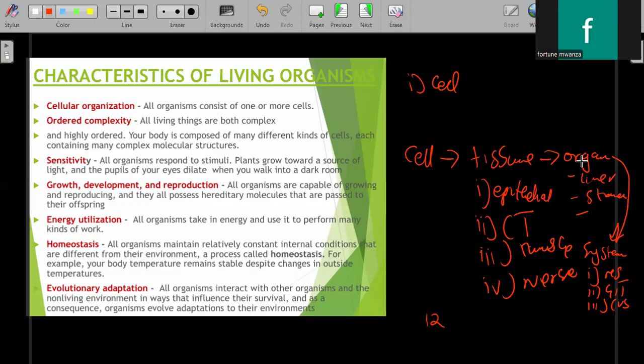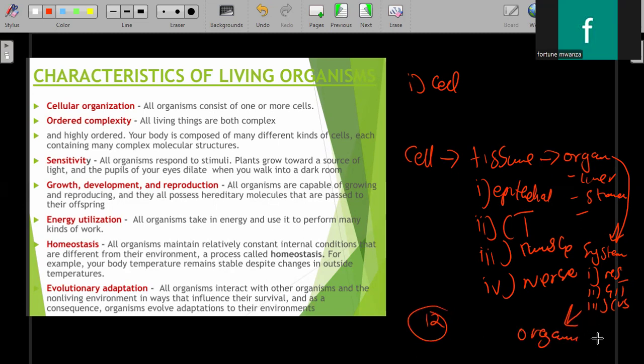So different organs come together to form a certain system. You can have a central nervous system. All the 12 systems you have in the body are made up of different organs. Now, when we put all these systems together, they form what we call an organism.